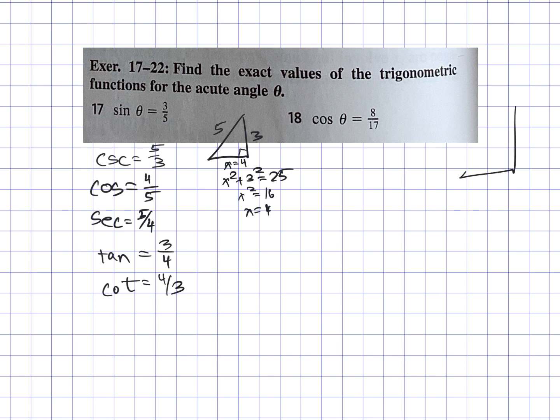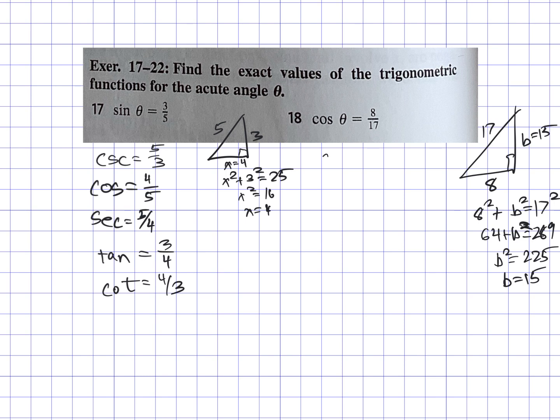Again, you have a right triangle. Cosine is the adjacent leg over the hypotenuse. So 8 squared plus b squared equals c squared. So 64 plus b squared equals 289. So 289 minus 64 is 225. So b is 15. All right, let's do it.